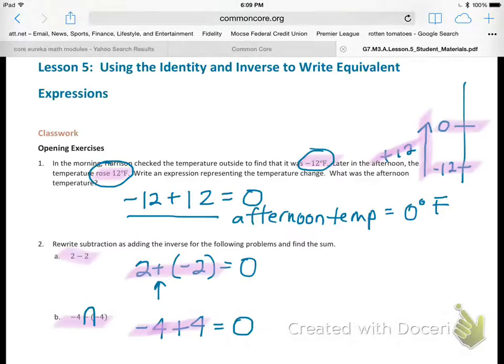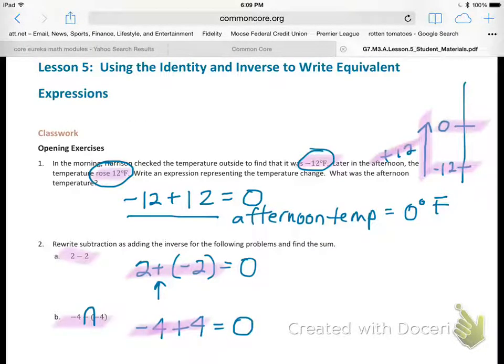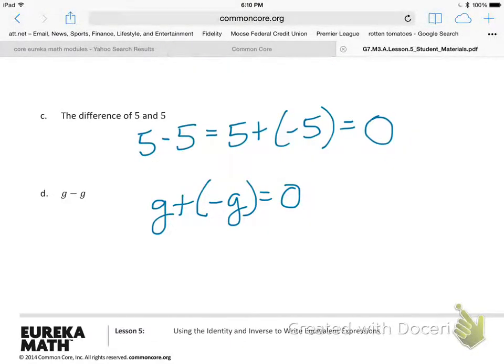Well, the last question, I think that C asks, I must have missed something here. Let me look for it. I'm sorry, I had just forgotten I had asked you to do all of 1 and 2. So C just asks for the difference of 5 and 5.